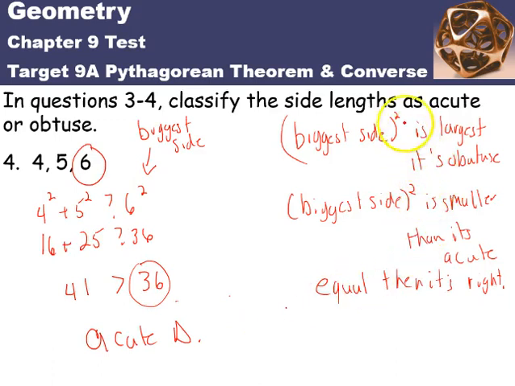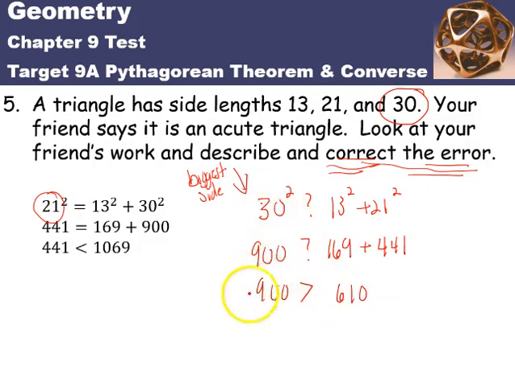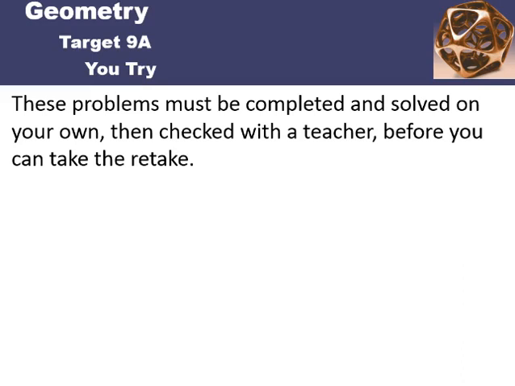I don't want to write the rules again, but if the biggest side squared is larger, then it's obtuse. So the biggest side squared, that's 900, is bigger than 610, so this is an obtuse triangle. Okay? Alright, and that's it for mine.